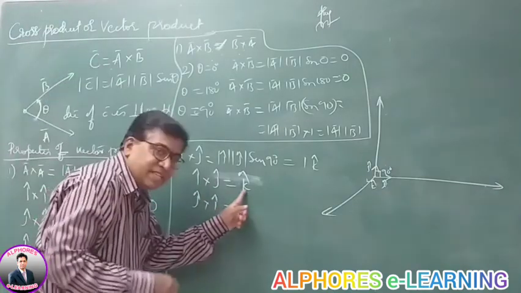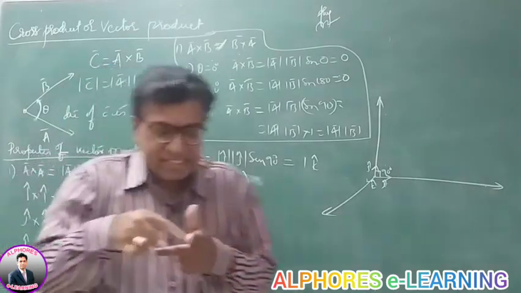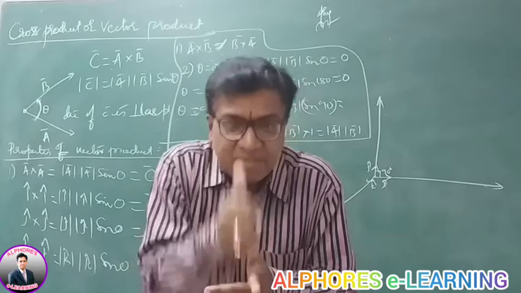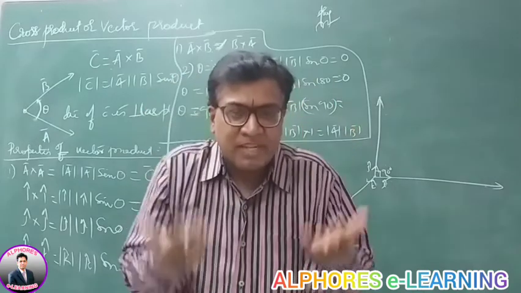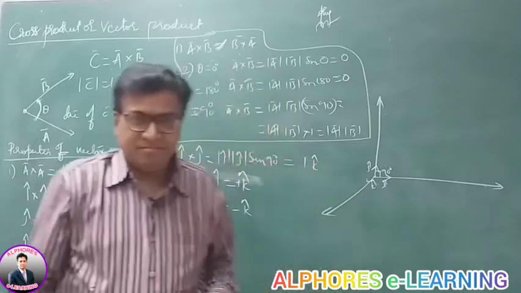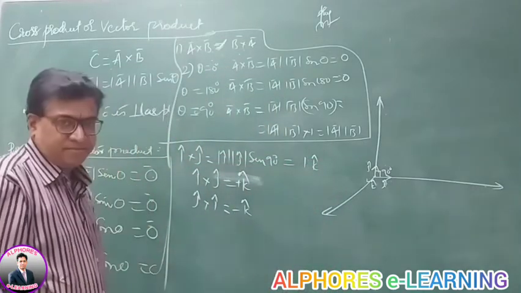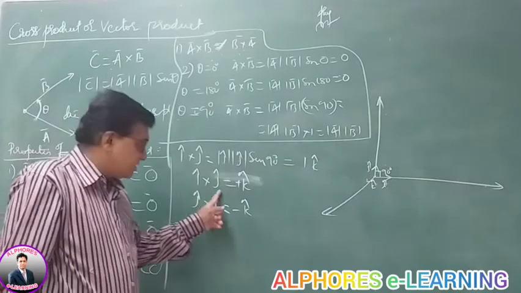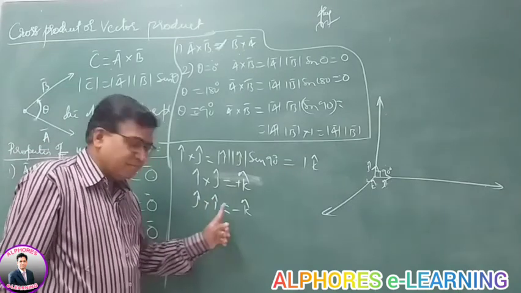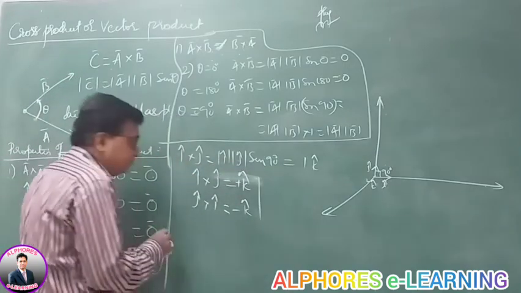So if this is plus K, then this will be minus K. I cross J will be the upward, outward normal, that is plus. J cross I will be the inward normal, minus z axis, downward. So it's minus. Therefore I cross J is plus K, J cross I is minus K. Very important.